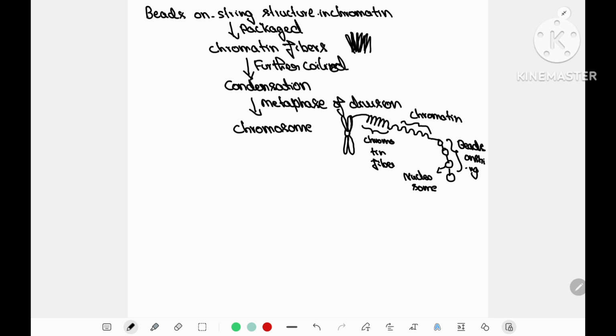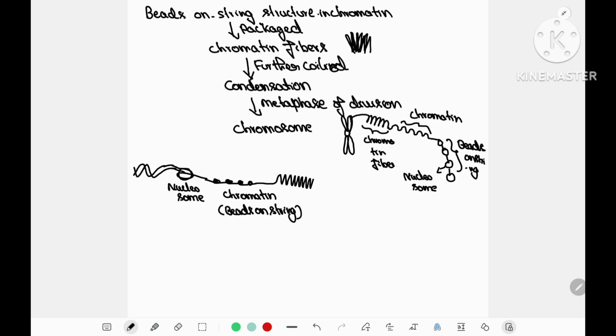Now, at the higher level of condensation or complexity of DNA packaging, first DNA coils around positively charged histone proteins to form a nucleosome, and nucleosomes are organized to form chromatin during interphase of cell division, that is, when the cell is at rest. It appears like a beads on string structure when we observe it under the electron microscope.